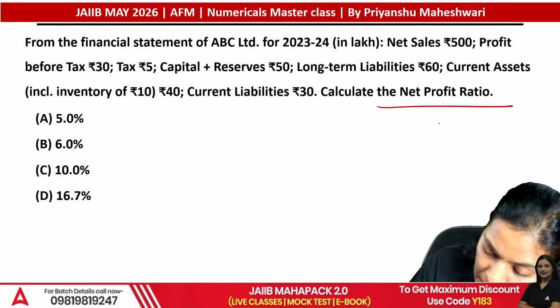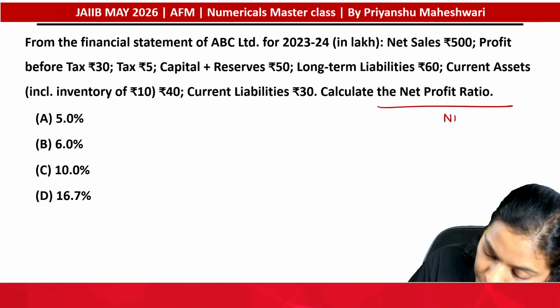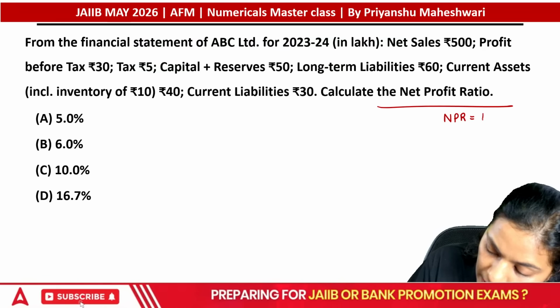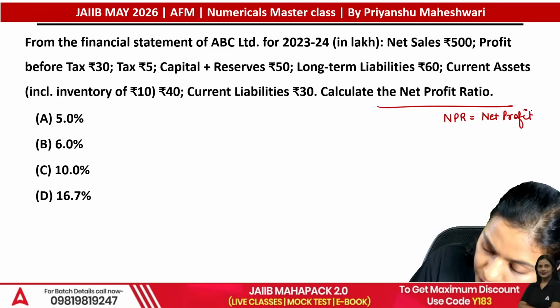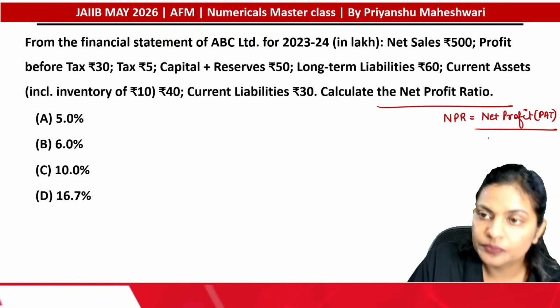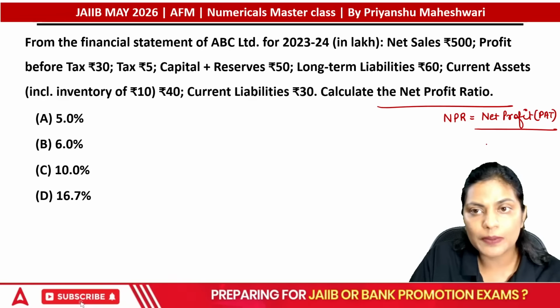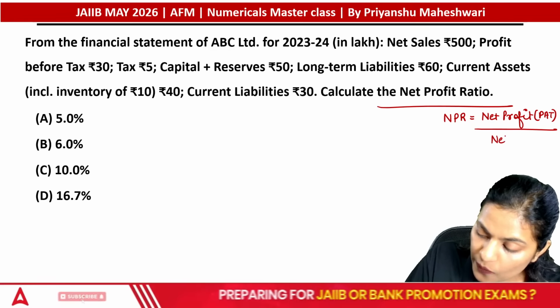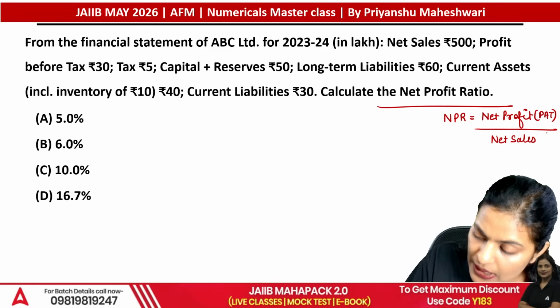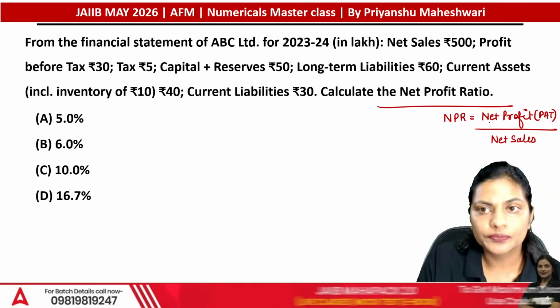Then, from the following, calculate the net profit ratio. Net profit ratio means net profit, or profit after tax, divided by net sales into 100, like all these profit based ratios. Correct?